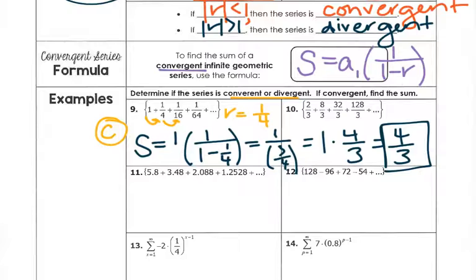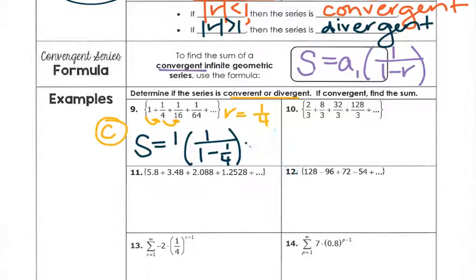Now obviously I took up a lot of space there. I'm going to go back and erase some of this so that there's room for work on 10. So this comes out to be 4/3. So if we sum this series an infinite number of times, as n goes towards infinity, the sum will converge to 4/3.